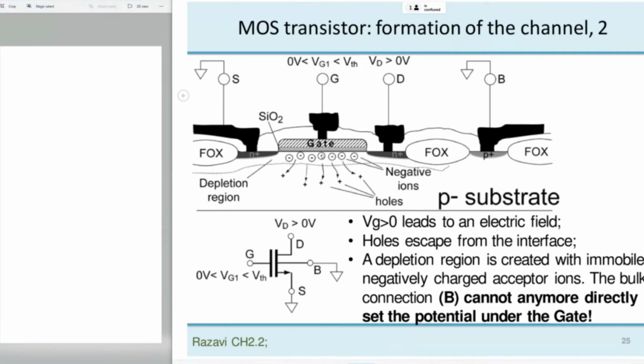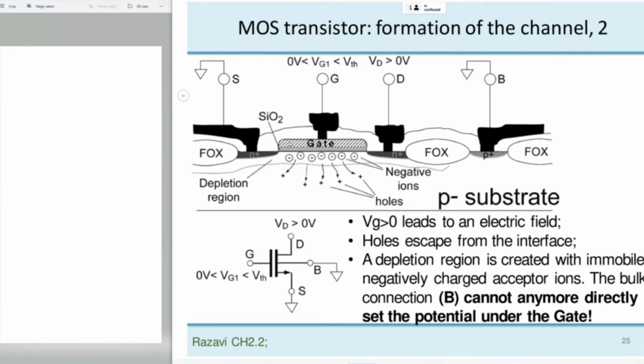Then a depletion region is created under the gate, in which the only charge is the negative ions, which are immobile. We don't have any mobile carriers, because the holes are chased away from the interface. However, there is still no channel.